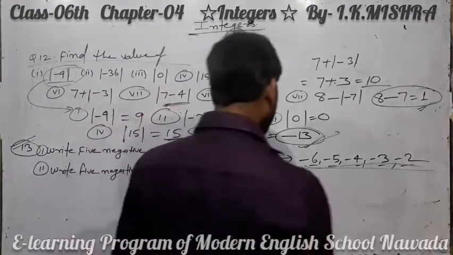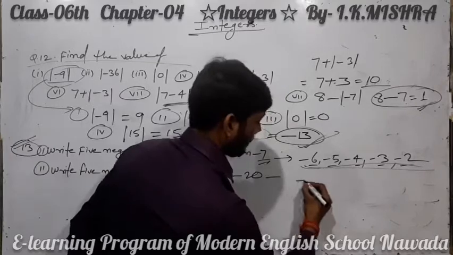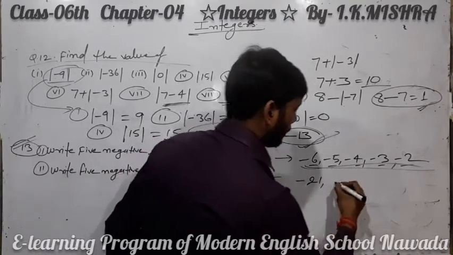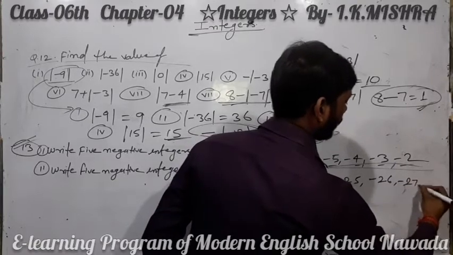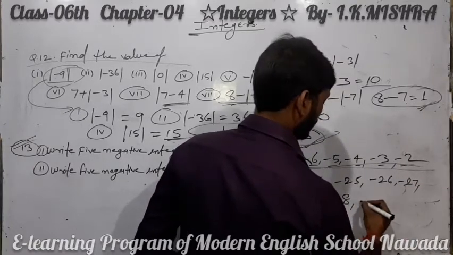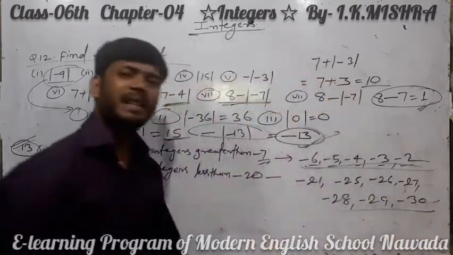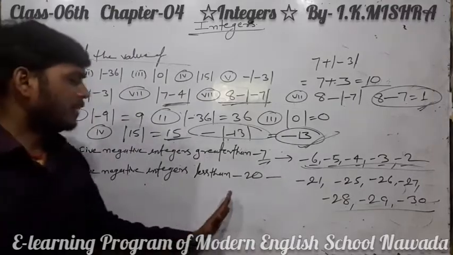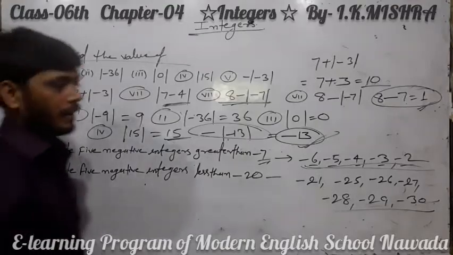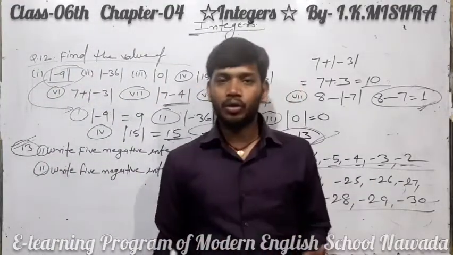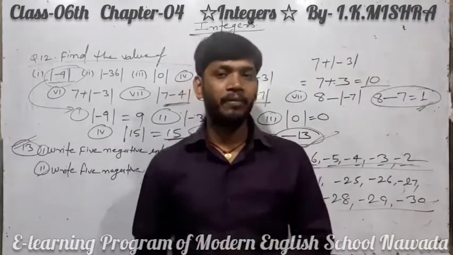Students, you can write any negative integers, minus 21, minus 25, minus 26, minus 27, minus 28, minus 29, minus 30, and you can write infinitely many integers less than minus 20. So students, here I completed all the questions from 9 to 13 of exercise 4A.